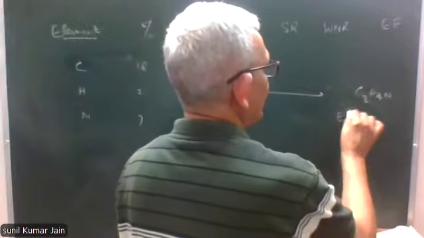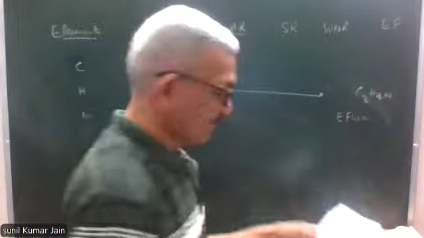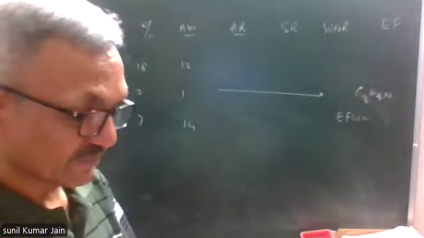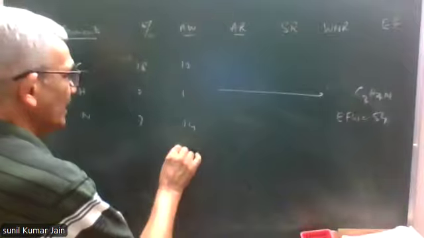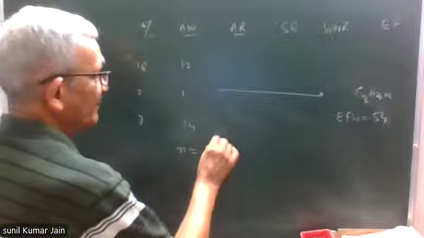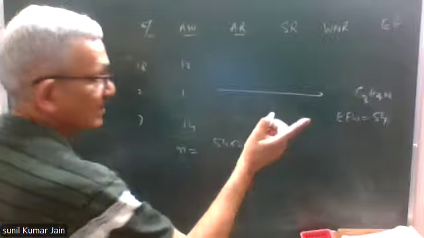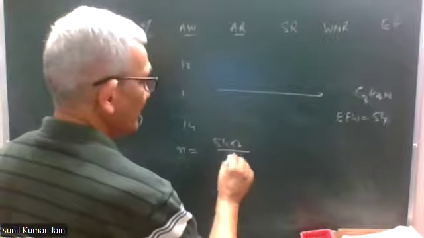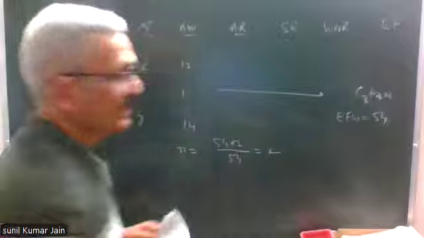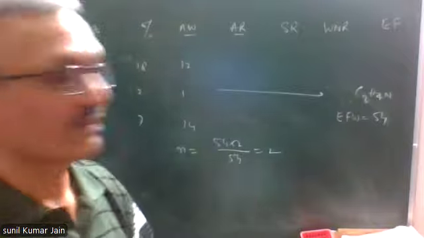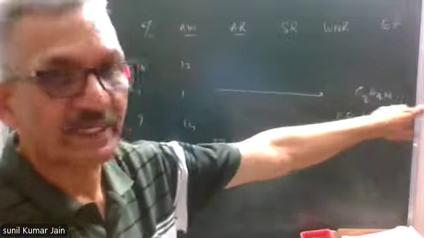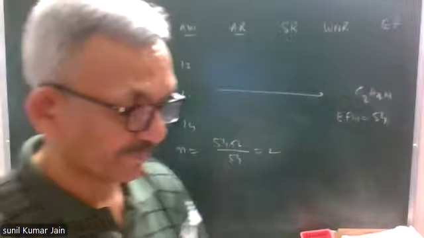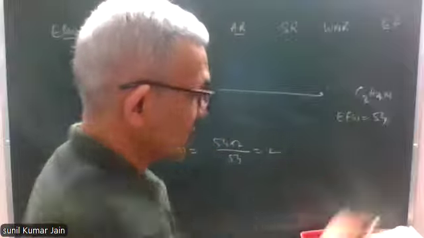Empirical formula weight, you can calculate, will be 54. Now, N will be vapor density into 2, that is molecular weight, divided by empirical formula weight 54, N is 2. So molecular formula will be double of this, that is C6H8N2. Numerical number 4.